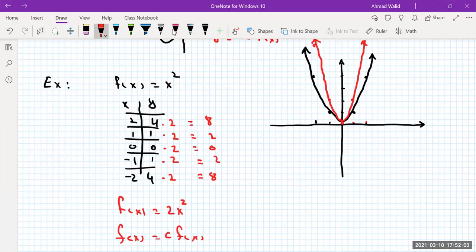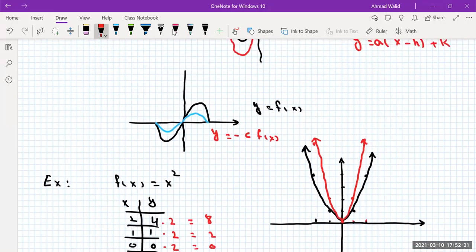Same way you can do the shrink. If they ask you to graph f of x equals -2x squared, just multiply the y column by -2. You will see the graph will open. Not negative, I'm sorry. I have to correct the lecture here.